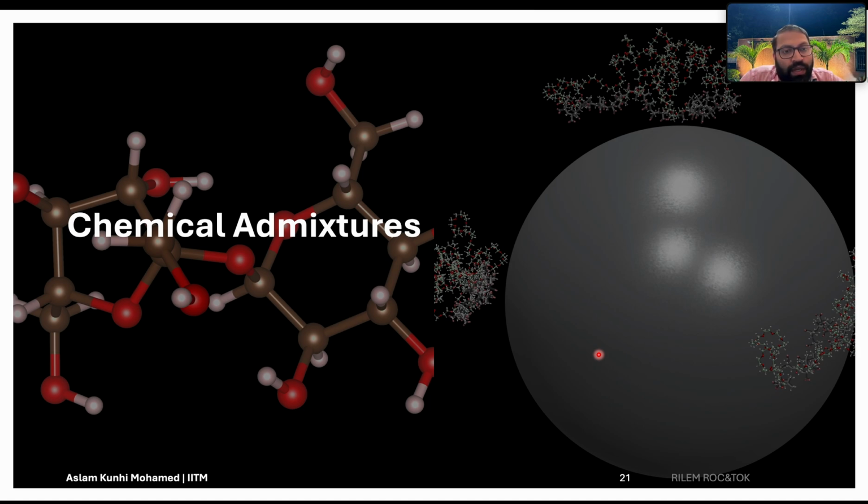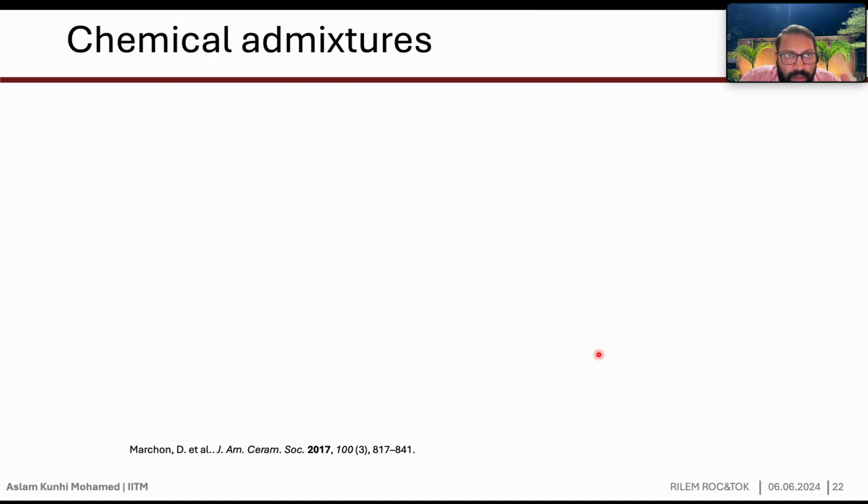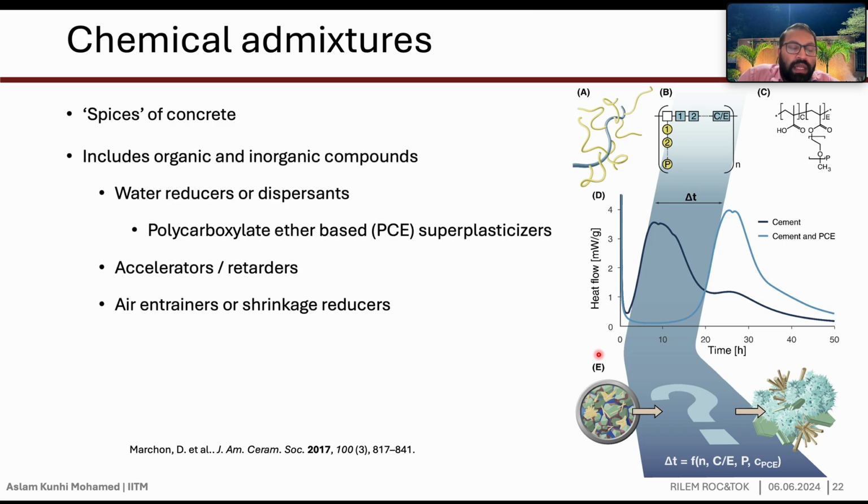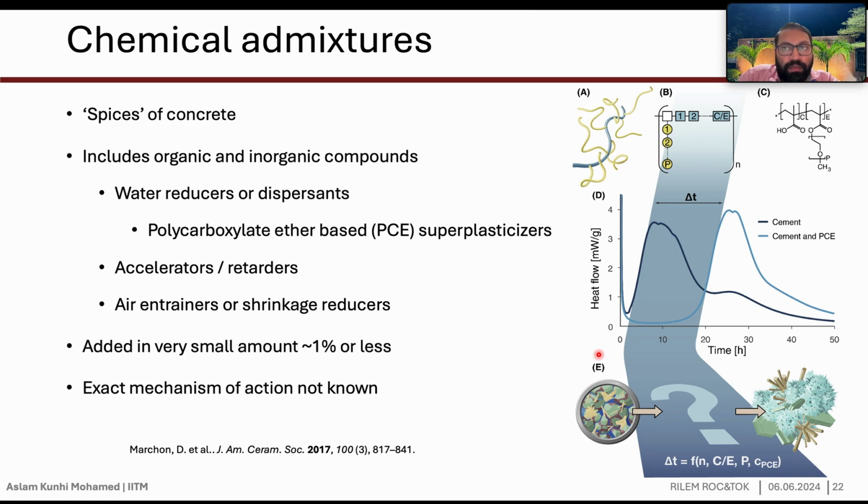Now we come to a different element in this whole thing, chemical admixtures. Chemical admixtures are termed the spices of concrete, which include organic and inorganic compounds which are used in very small amounts to bring about certain tailored properties that we need for our concrete, to flow better, or to retard, or as water reducers, accelerators, and so on.